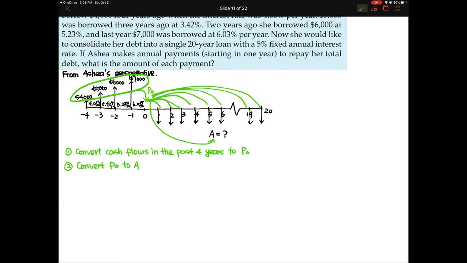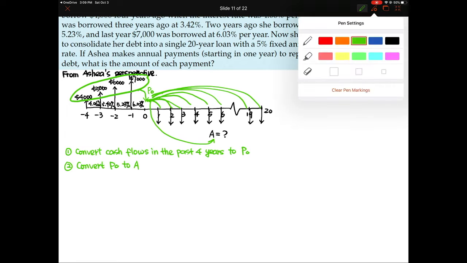Now the first question is, how do we convert the 4,000, 5,000, 6,000, 7,000 to the present time, because they have different interest rates? The way you do it is one at a time.